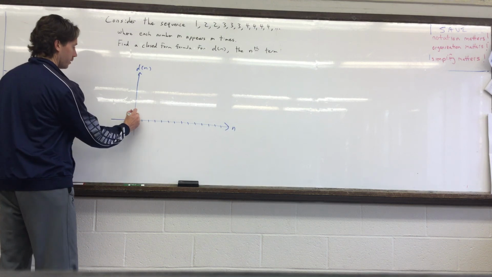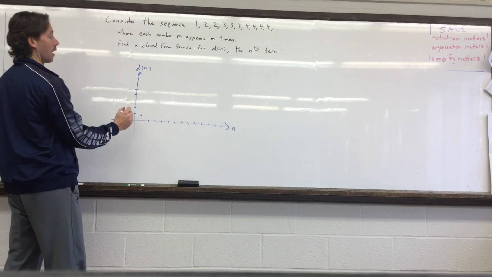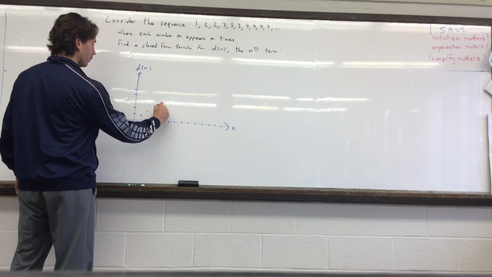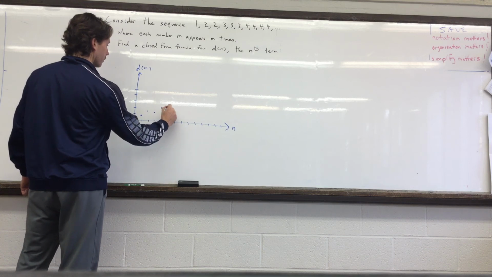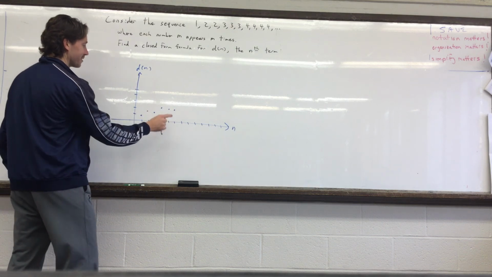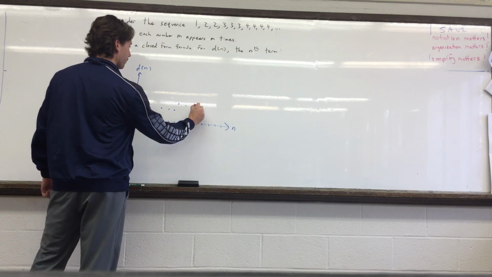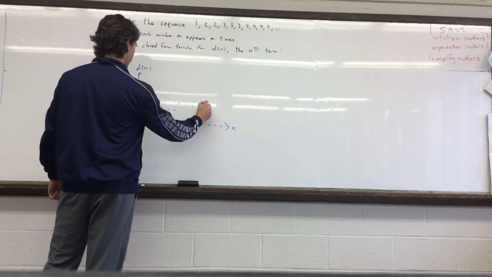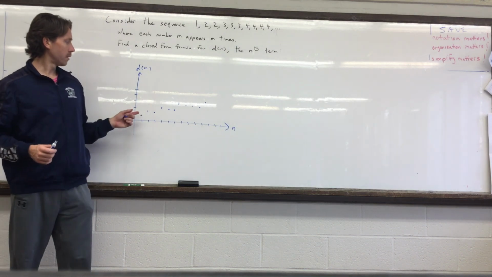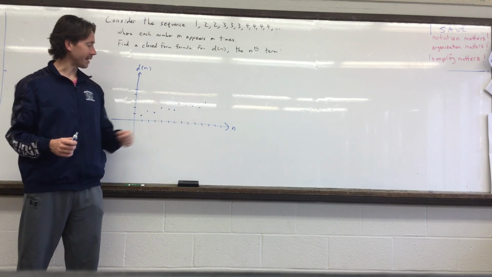So when n is 1, d is 1, and then I have the points (2, 2), (3, 2), (4, 3), (4, 4), (5, 3), (6, 3), (7, 4), (8, 4), (9, 4), (10, 4), (11, 5).